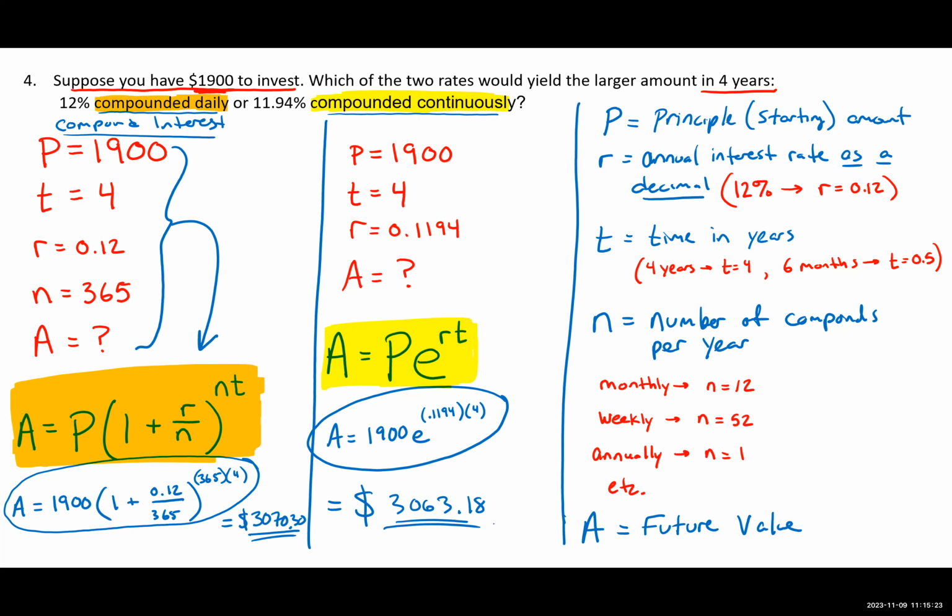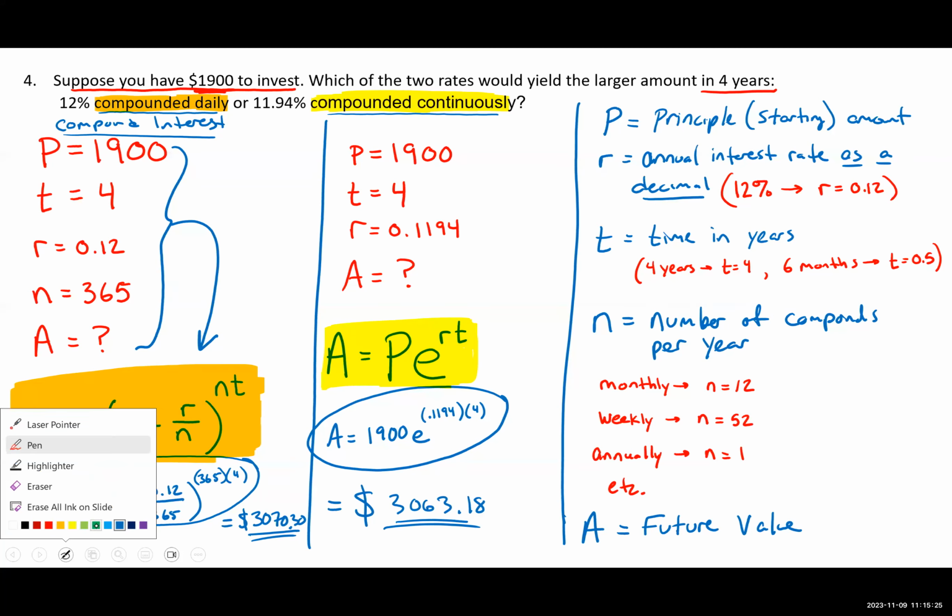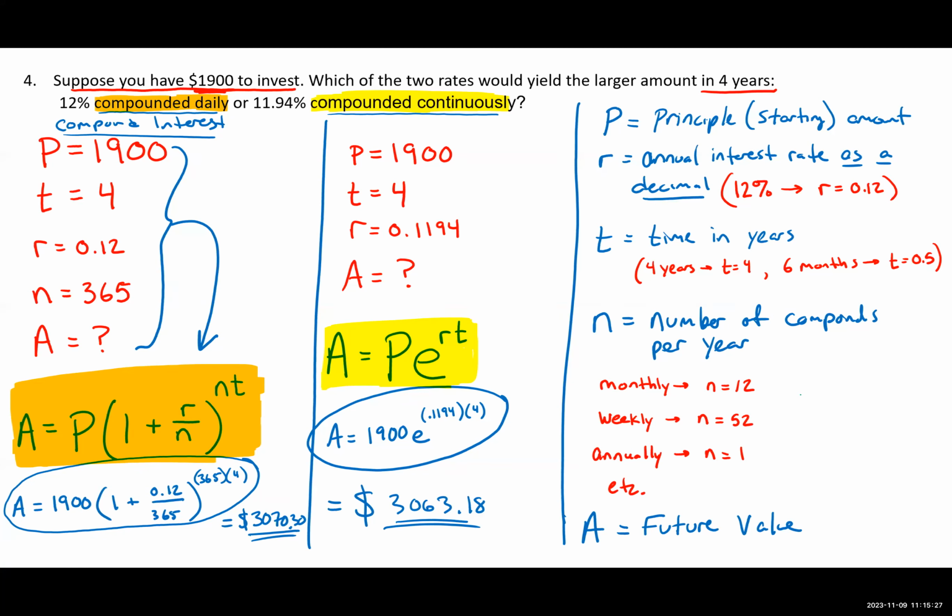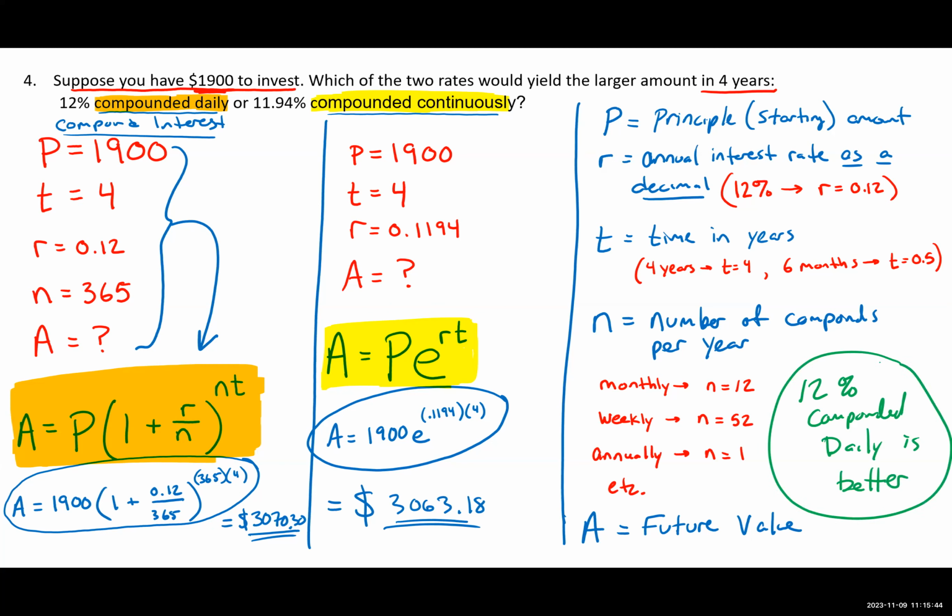So what is the final answer here? It's not either of those numbers. The final answer is 12% compounded daily is better. That's the better option if it's money you're investing.